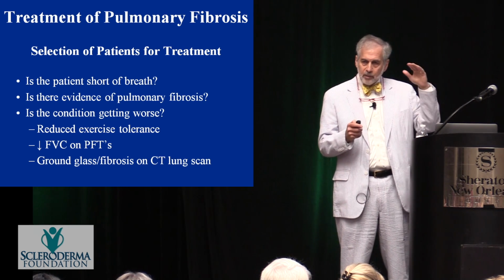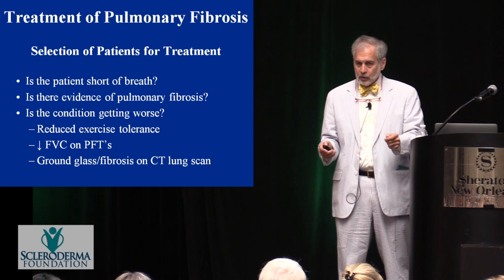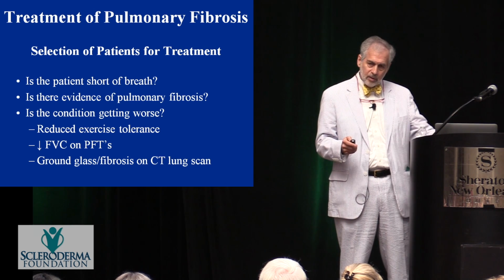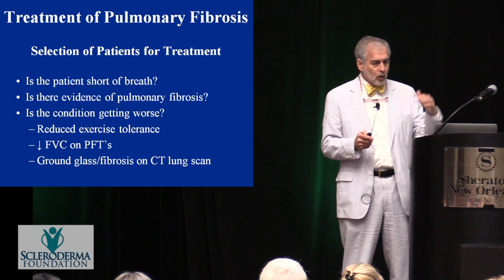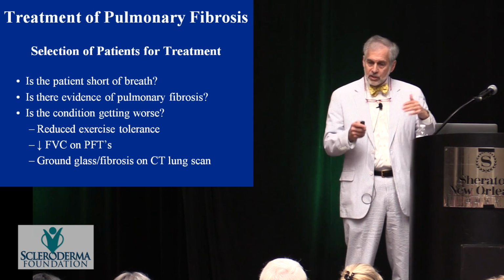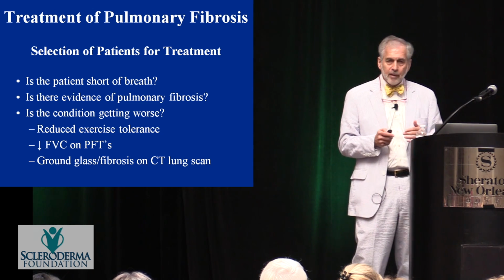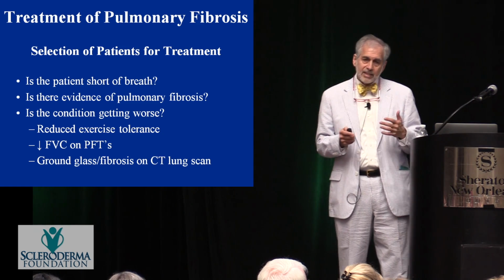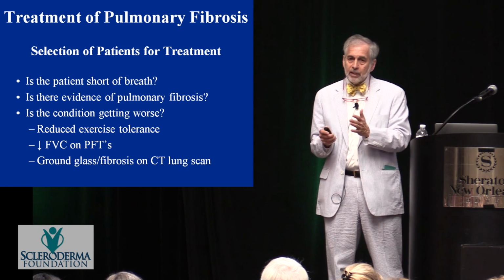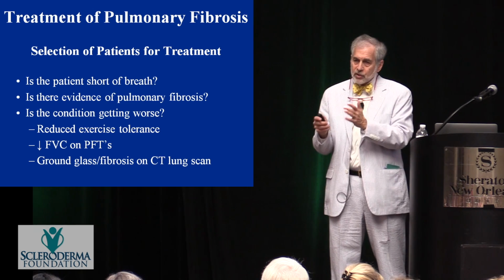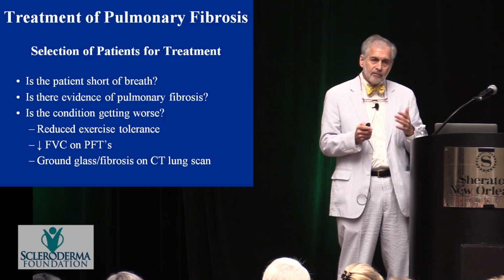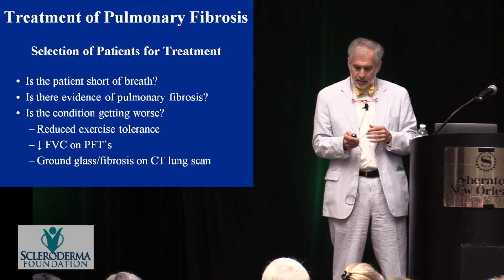Is your forced vital capacity going down when we look at your PFTs today compared to 6 months earlier? Are we seeing trends that suggest that your pulmonary fibrosis is getting worse? And the CAT scan can be repeated once in a while to see if it is getting worse. And if it is, then that patient probably needs to be treated.